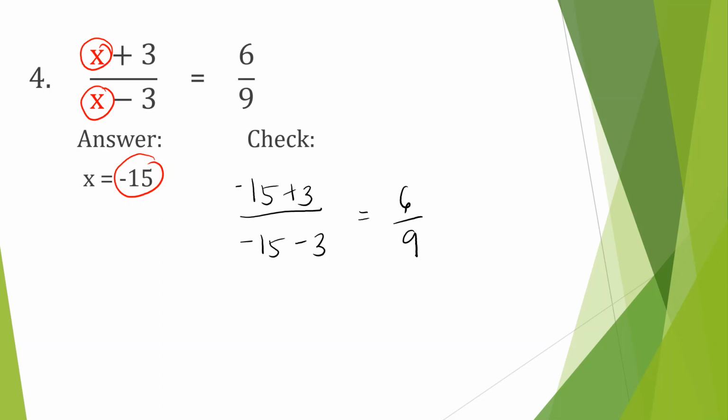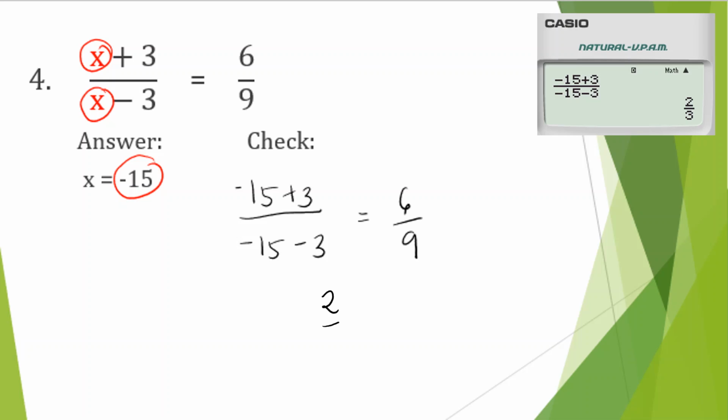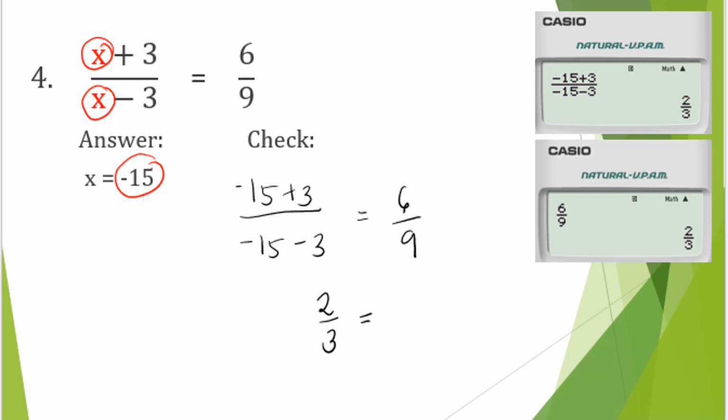Negative 15 plus 3 over negative 15 minus 3 is equal to 2 over 3. And 6 over 9 in lowest terms is equal to 2 over 3. And since they are equal, therefore, negative 15 is the solution to the given equation.